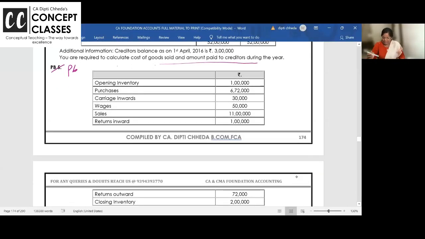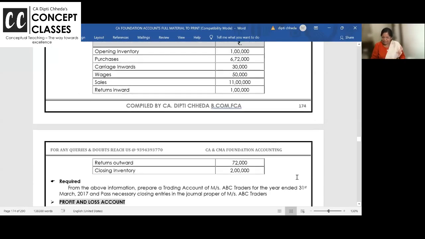Chalo. We'll take up one more problem for the trading account, and that's problem number 3. Inventory is given to you, purchases is given, carriage inward is given, wages is given, sales, return.